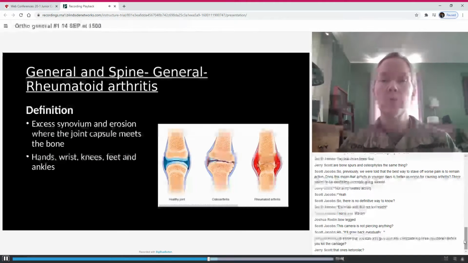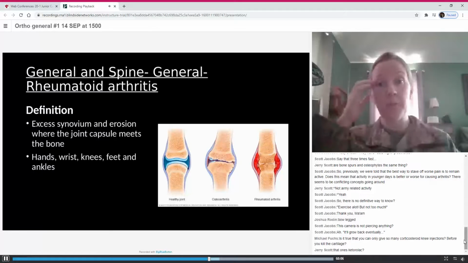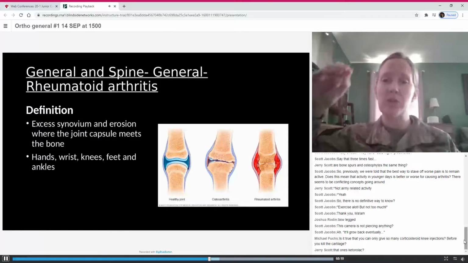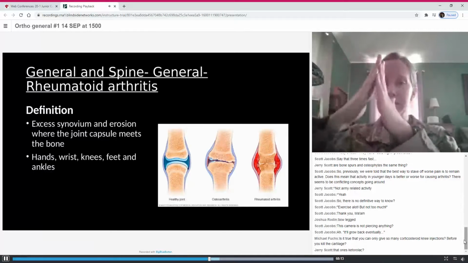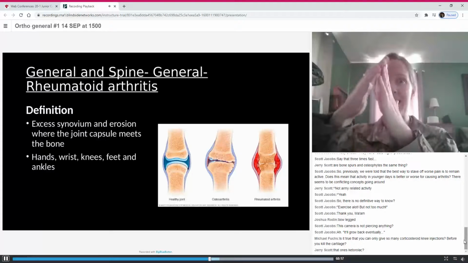So rheumatoid arthritis is an excess of the synovium, or the outside layers, the fleshy parts of the joint capsule. And this will cause very typical erosions right where the bone is, where this excess tissue is pinched between the outside of the joint capsule and the bone.